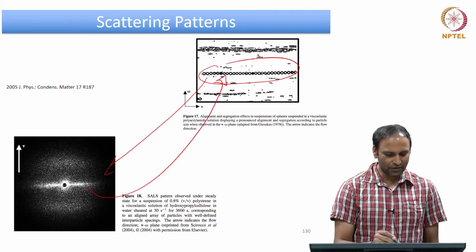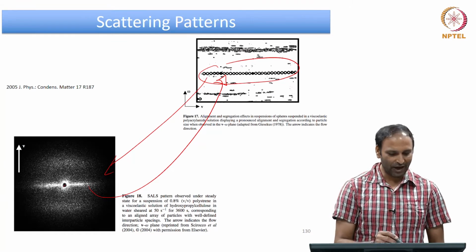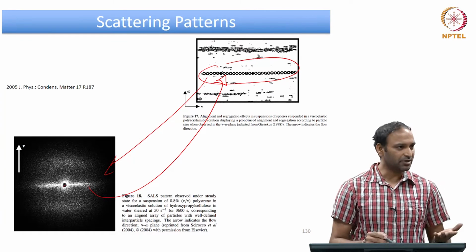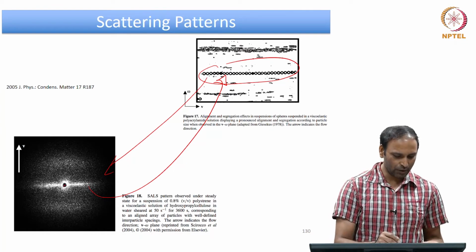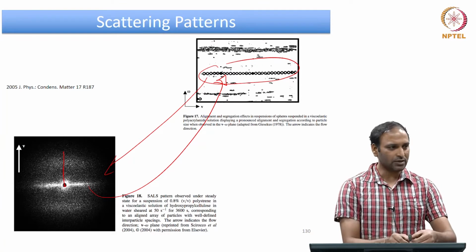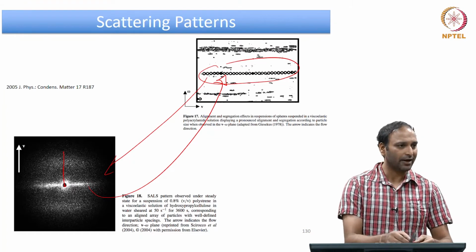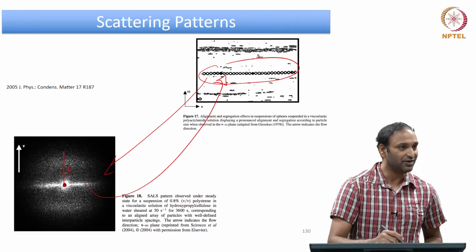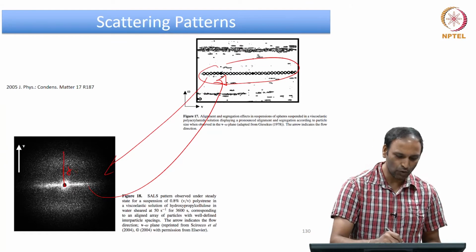Of course, this pattern is not very symmetric, but if you have a pattern which is very symmetric, I can do what is called a radial averaging. If I go from here in this direction and rotate that, I am basically taking a particular line where I am changing the radius from the center, which in turn means I am changing q.